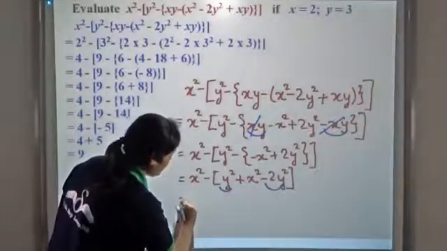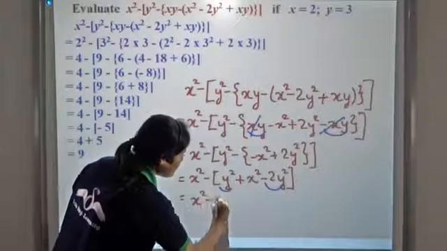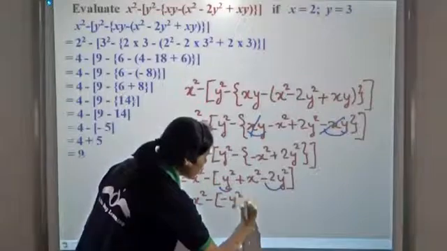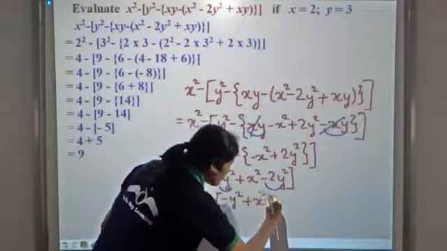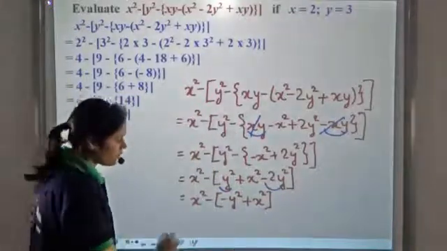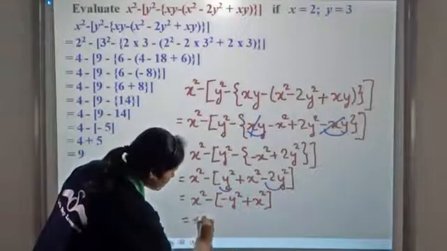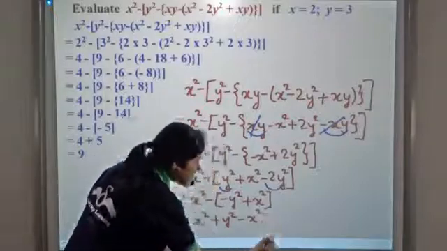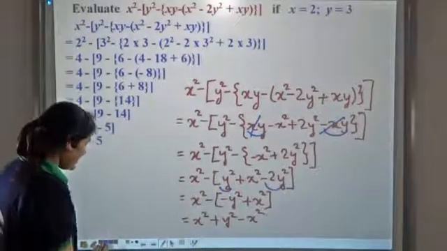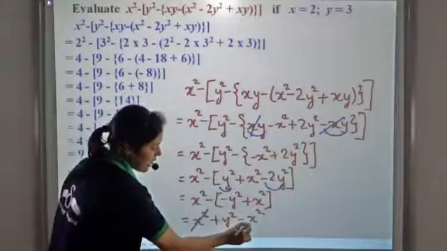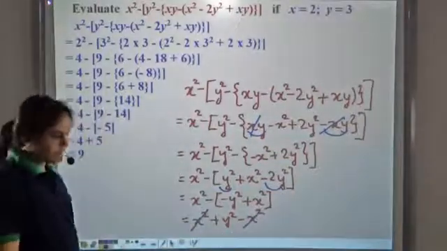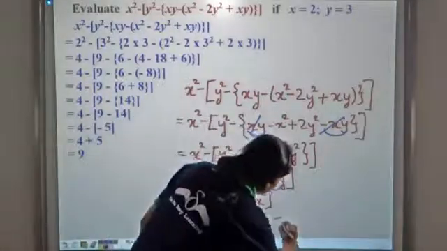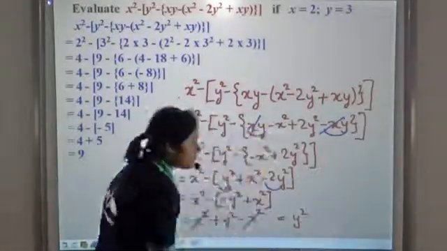We get x square minus y square minus 2y square is minus y square plus x square. Now we open this bracket as well. It becomes x square plus y square minus x square. Again, this x square and negative x square get cancelled. So we just have a y square term with us.